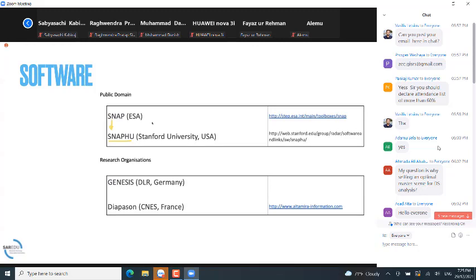Right, and then we have software that is not commercial, like tools from research organizations like the GENESIS or the EPSON. There are others from different universities or research organizations which are not commercial, but are also not available outside of their organization.